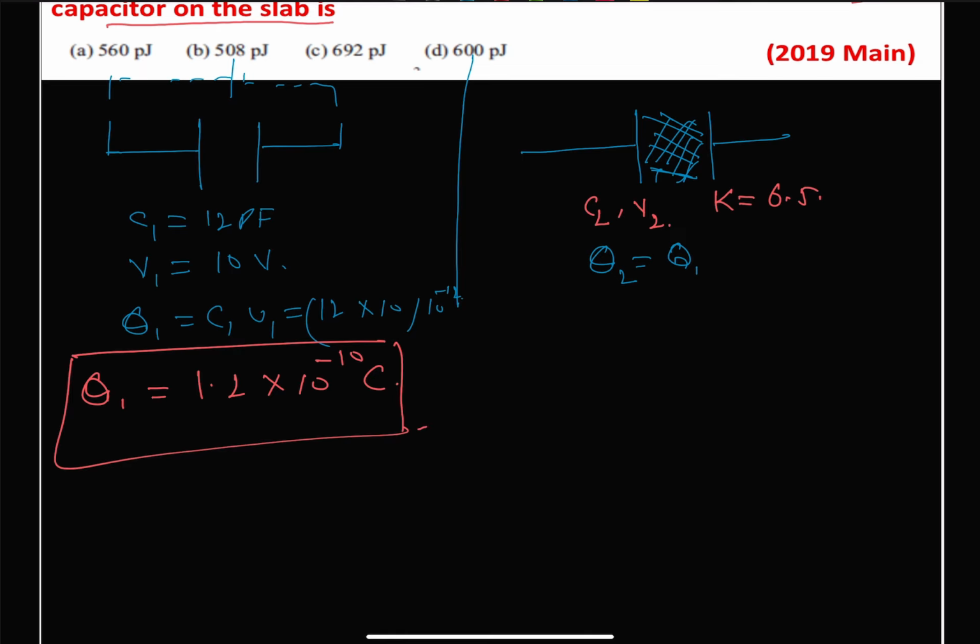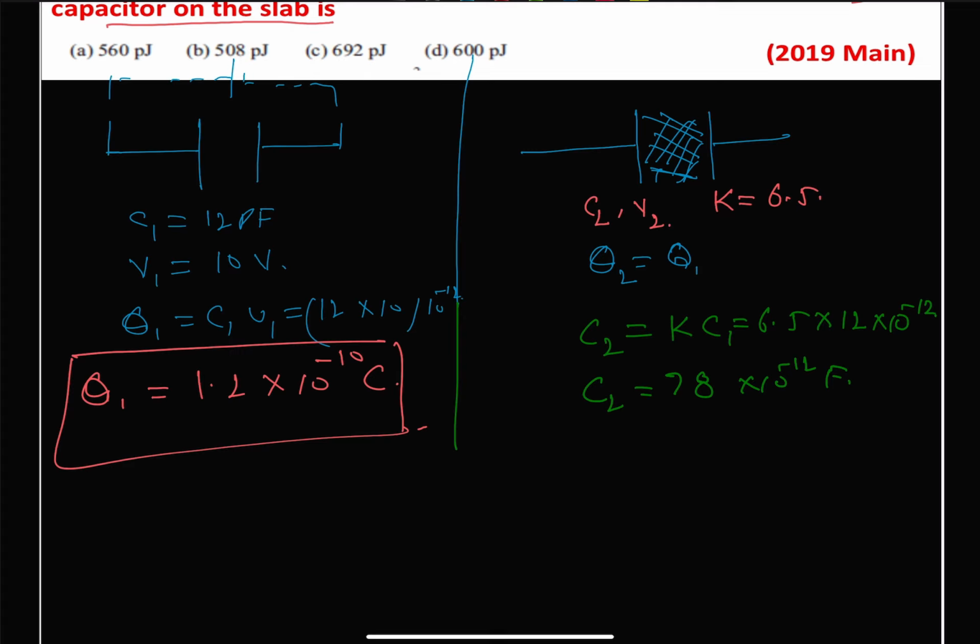And the new capacitance, C2, when dielectric constant K is introduced, is equal to K times C1. So this comes as 6.5 into 12 into 10 to the power minus 12. So we get C2 equal to 78 into 10 to the power minus 12 farads. And we can easily find our voltage because the charge is going to remain the same.